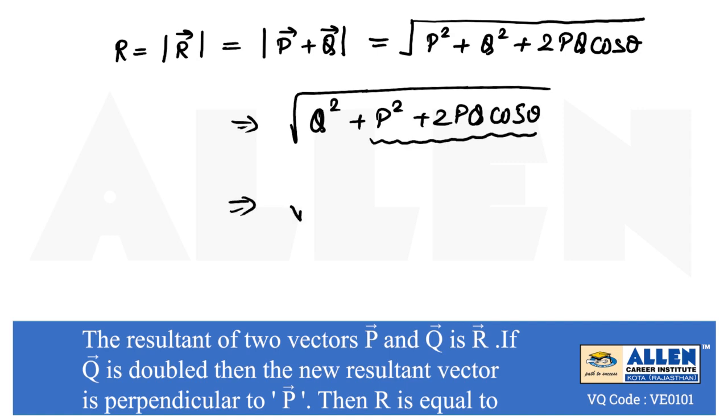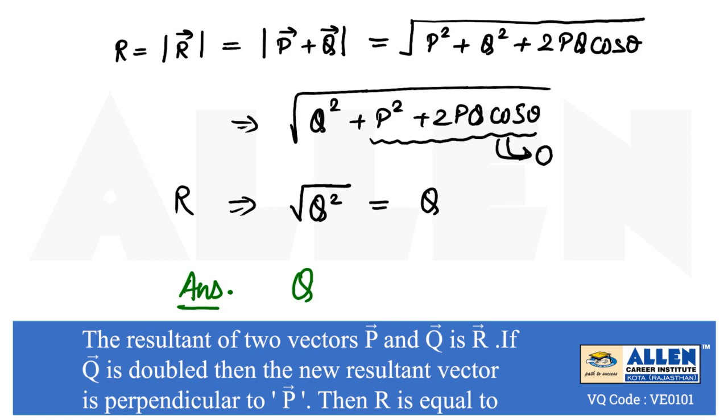So the remaining part is only q square, and r is equal to root of q square, which is equal to q. Therefore the magnitude of the resultant of p vector and q vector comes out equal to q. Therefore the answer to this question is q. Thank you.